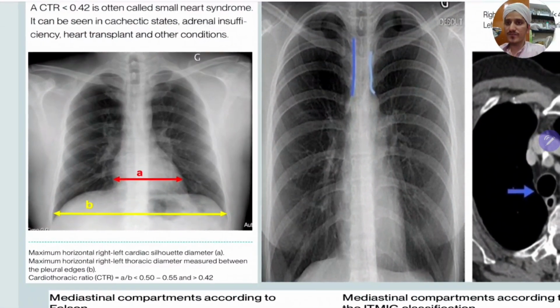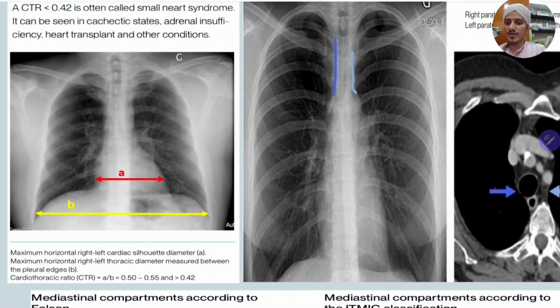Take the maximum distance between the right heart border and the left heart border and mark it as A, and the maximum distance between the right ribs and the left ribs, the maximum width of the thorax, label it as B. If A by B is more than 0.5, then it is cardiomegaly.